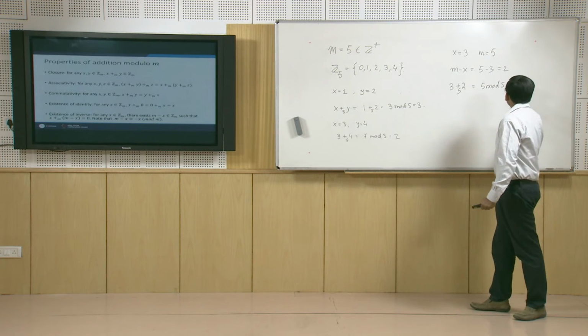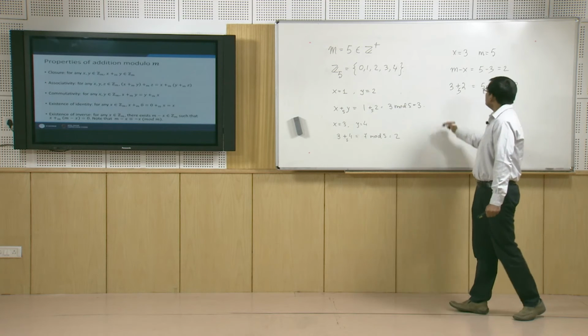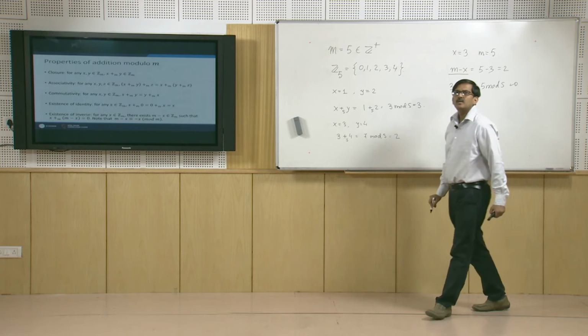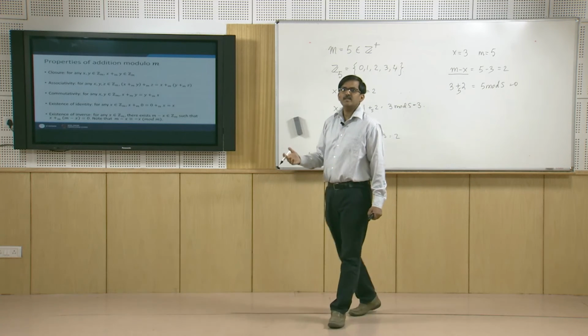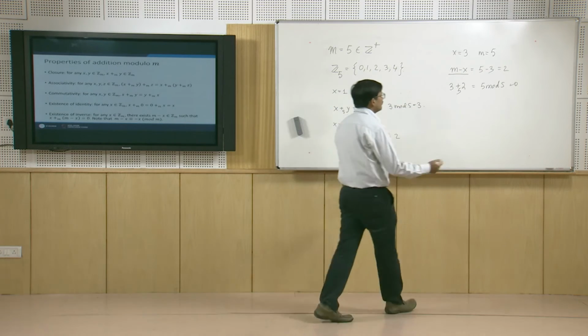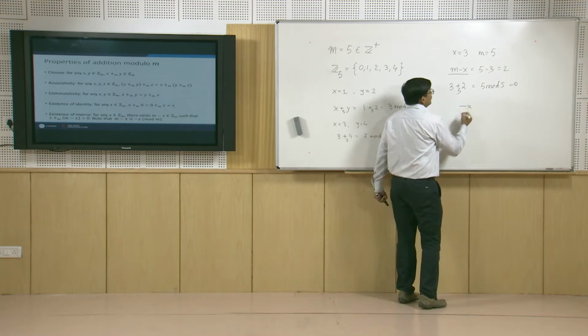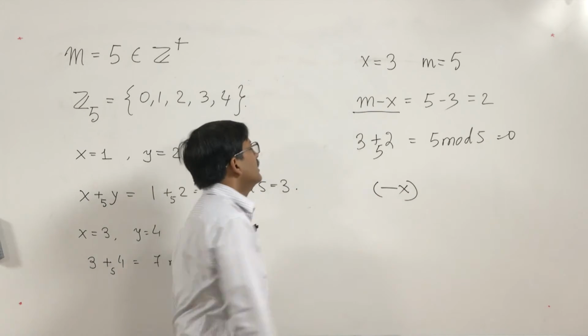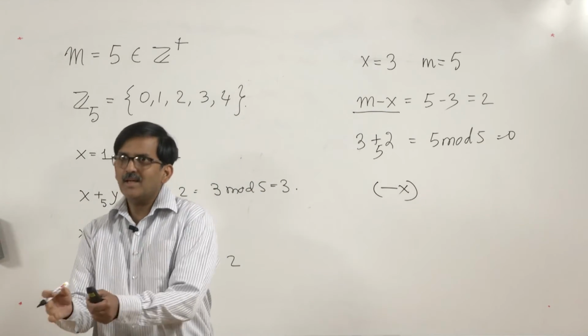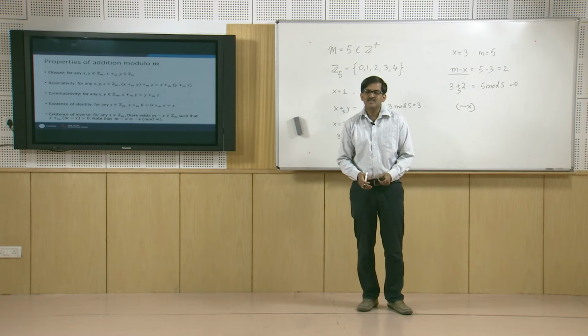So, I am going to get 0. This particular quantity m minus x is called the additive inverse of x modulo m. We will sometimes be writing just minus x without thinking much, understanding that minus x has to be put inside Zm.